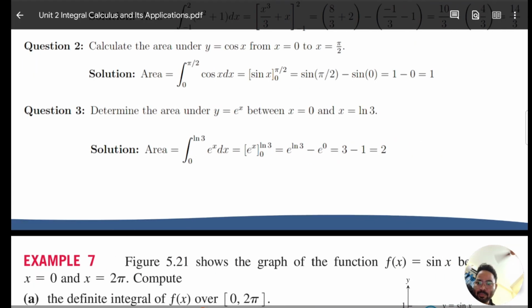Our next question is: determine the area under the curve y equal to e to the power x between x equal to 0 and x equal to log 3.